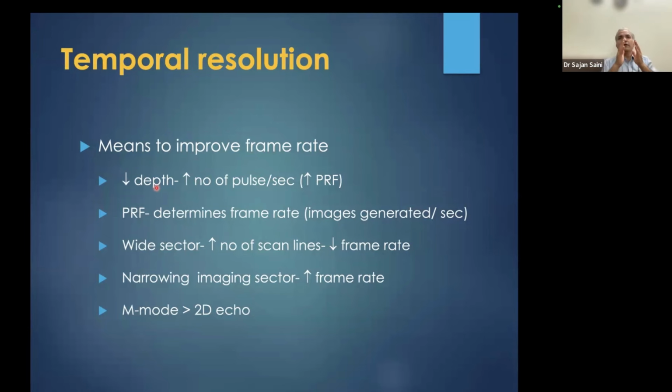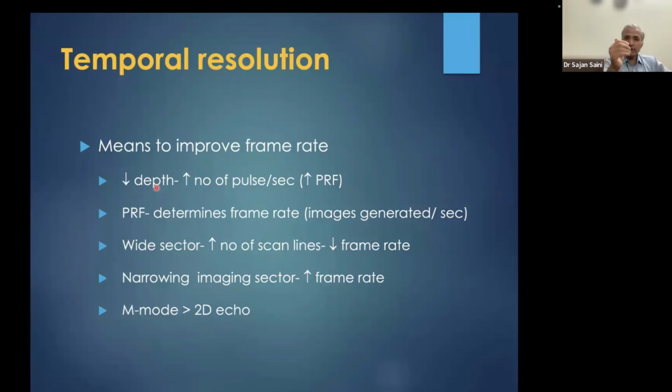So you'll see, while doing this ultrasound or echocardiographic interrogation of a particular area, say for example, you want to know the speed of blood across the aortic valve, you narrow the sector width, and that will improve your temporal resolution.